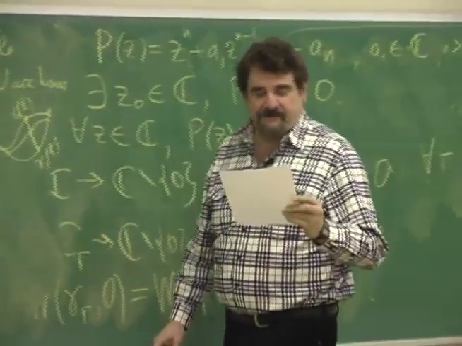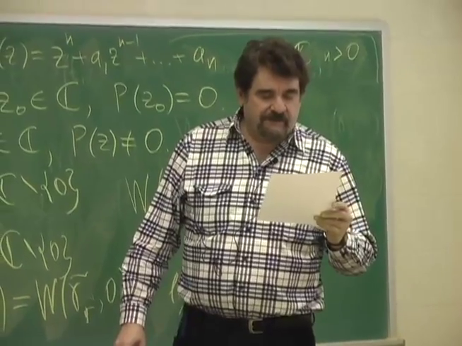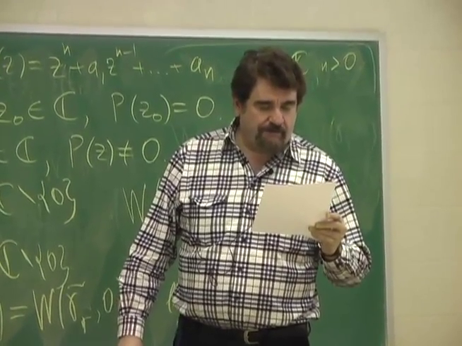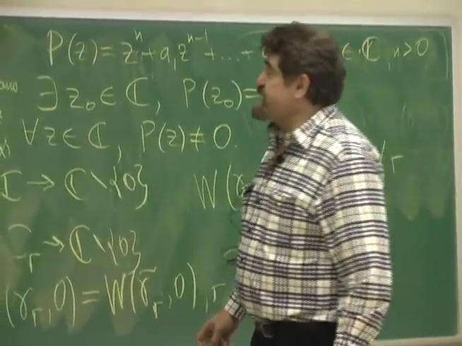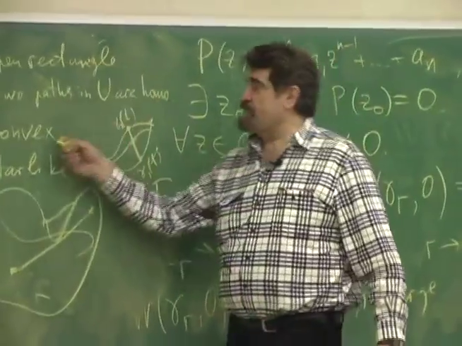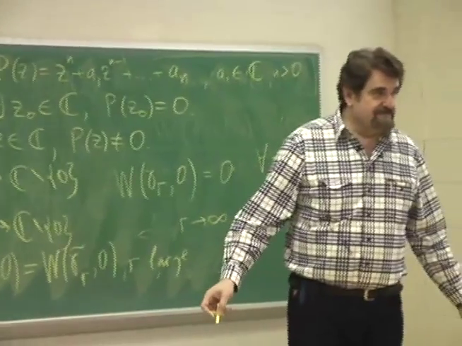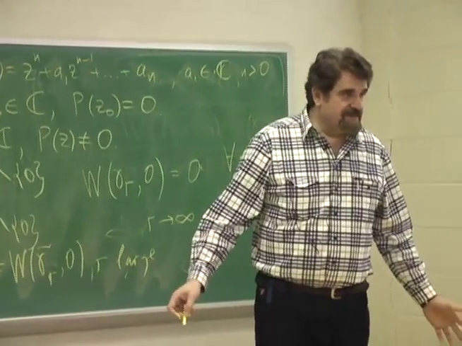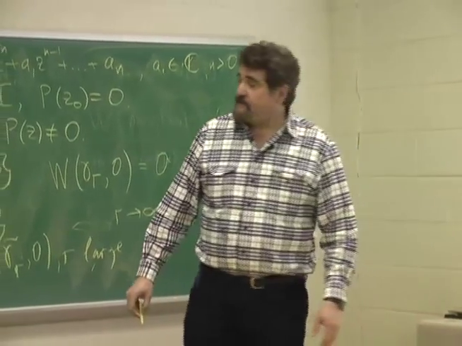That's it. Okay. Another problem. In this case, I will say that rectangle, convex, and star-like are homotopically trivial. Everything is the same in them.